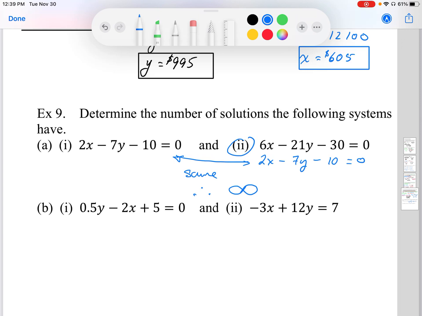When I take a look at B, what I'm going to do is look at the ratio of the slopes. Now, the ratio of the A and B. So to do that, first of all, I'm going to rewrite this as negative 2x plus 0.5y plus 5 equals 0. And when I do that, it's a little bit easier to compare the coefficients. So when I look at the coefficients here, in the first equation, I have a negative 3 to 12 ratio.